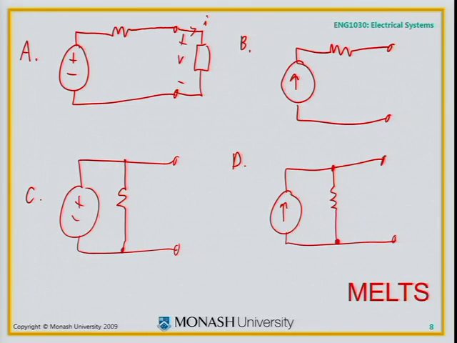Let's go to this one here, this B up here. I can put whatever I want there. What is that current? That current is whatever the current source is. It doesn't matter what element I put up there. The equation of this circuit, let's say this is 7 amps, that equation will be I equals 7 amps always.